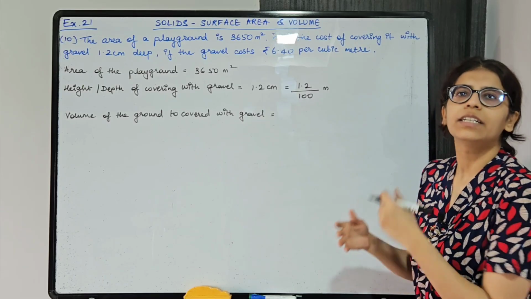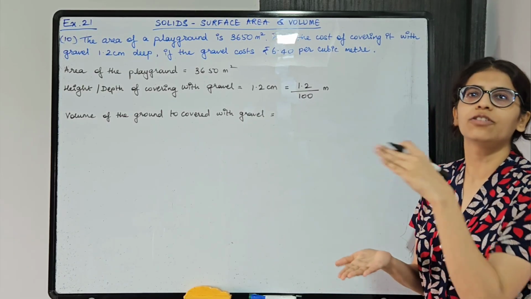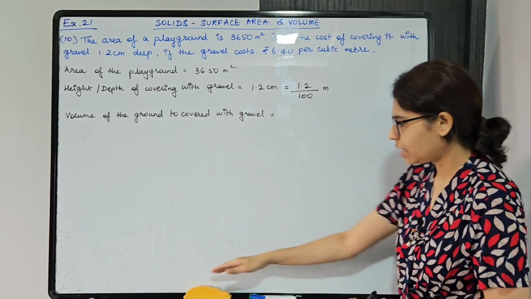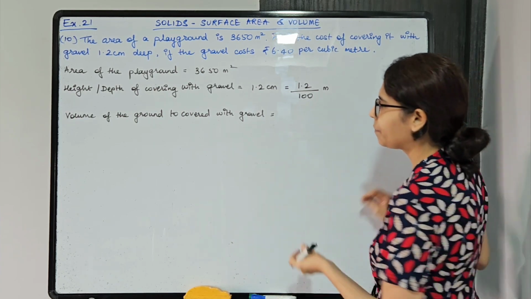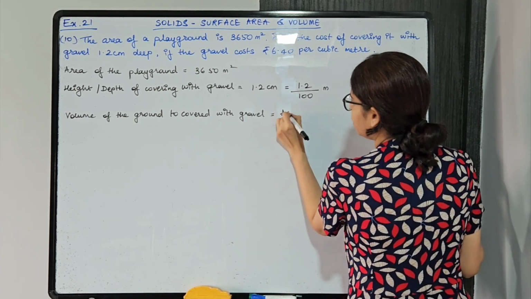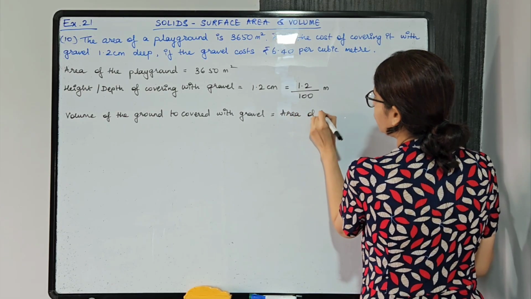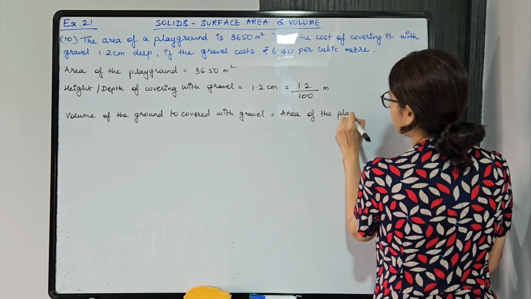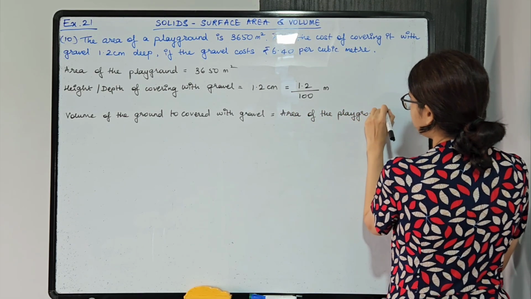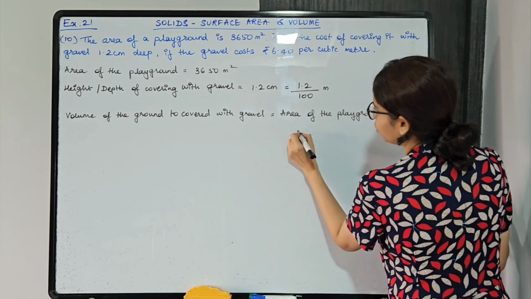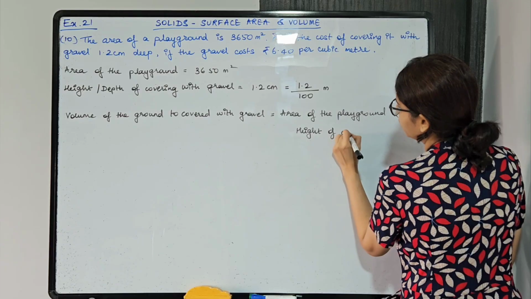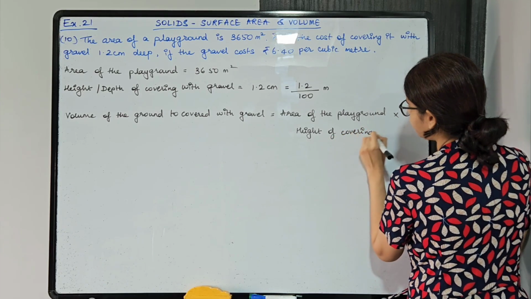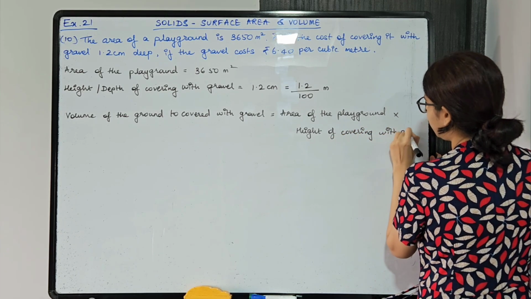It is nothing but the area into the height of graveling. जो भी एरिया है, ये एरिया में कवर करना है, तो एरिया इनटू द हाइट. ओके, सो एरिया ऑफ द प्लेग्राउंड इनटू हाइट और डेप्थ ऑफ कवरिंग विथ ग्रेवल. नाउ पुट द वैल्यूज.